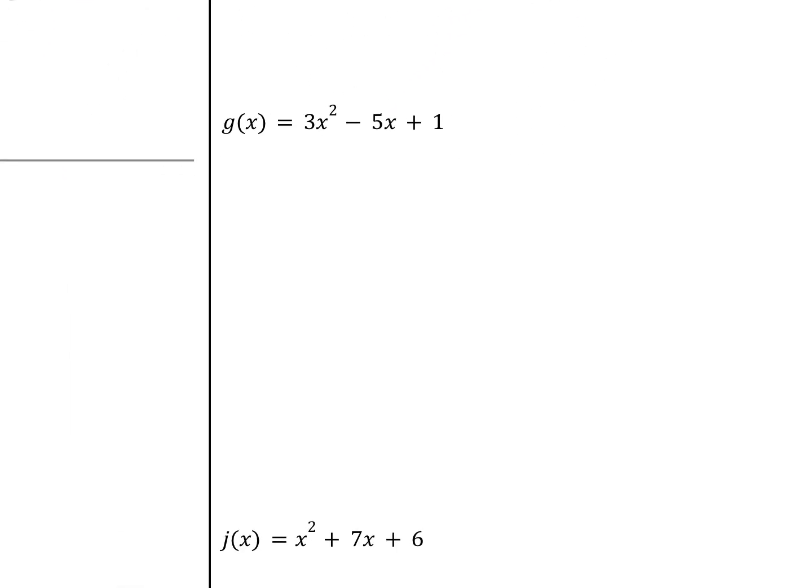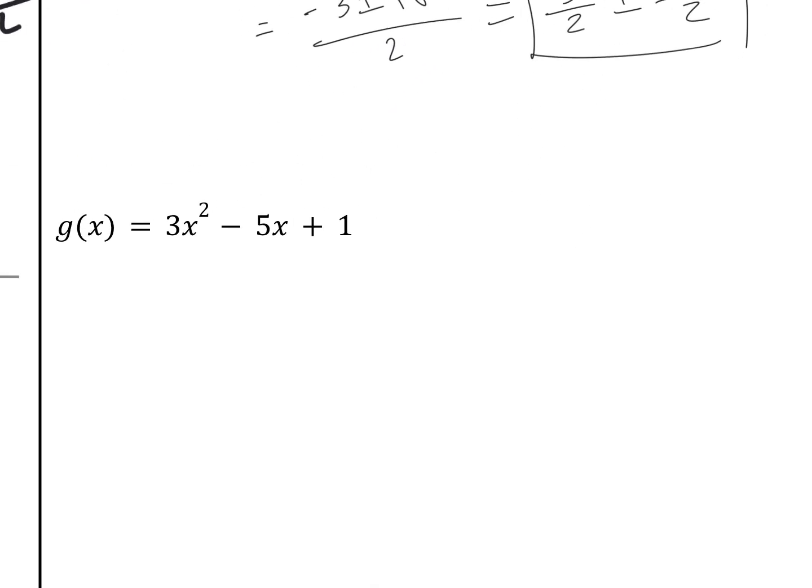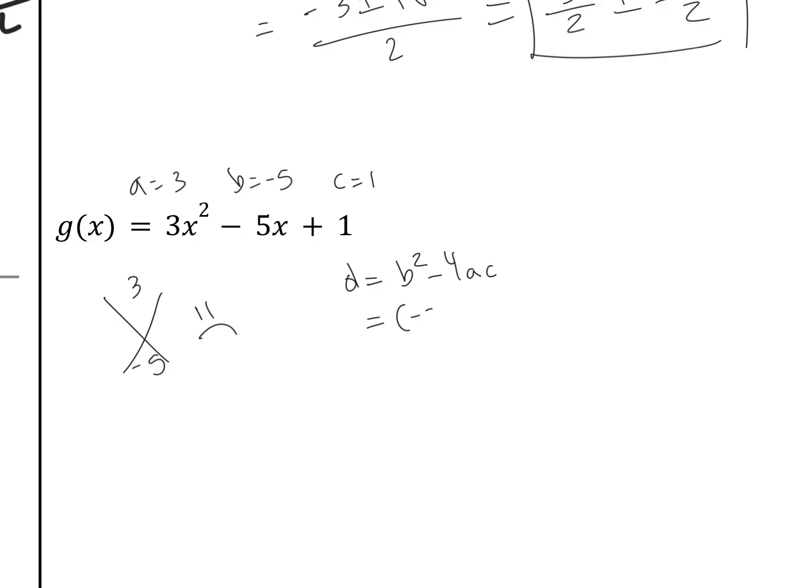So here's another example. Again, if you try to do X-bosal, we have 3, negative 5, and 1. So 3 and negative 5 does not work again. So discriminant would be b squared minus 4ac. b is negative 5 squared minus 4 times 3 times 1.